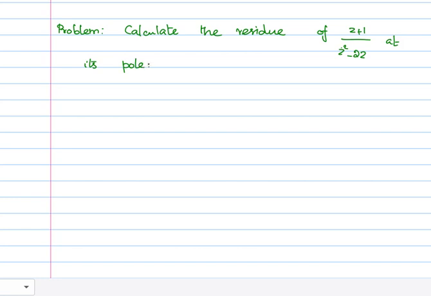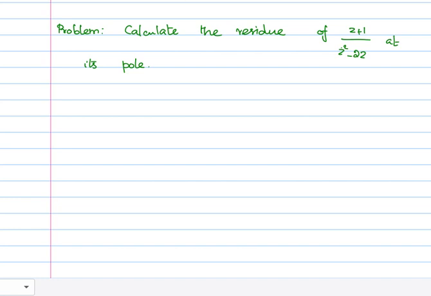First problem. Calculate the residues of z plus 1 divided by z square minus 2z at its poles.